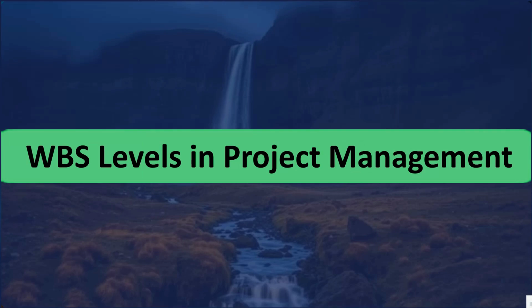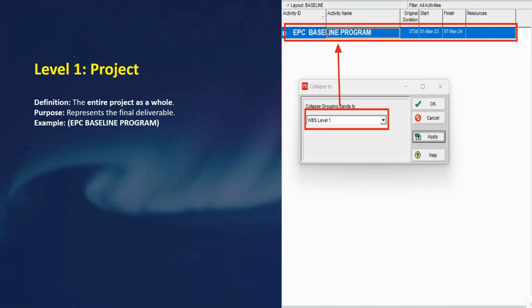According to the PMI's PMBOK Guide, the WBS is the foundation for scope, schedule, cost, and resource planning. Without a proper WBS, a schedule cannot be developed correctly because we would not know what activities to plan. That's why the WBS is very important. So let's start from here.